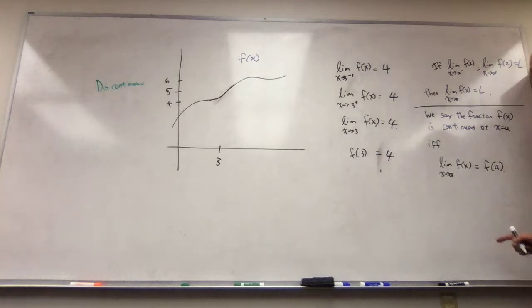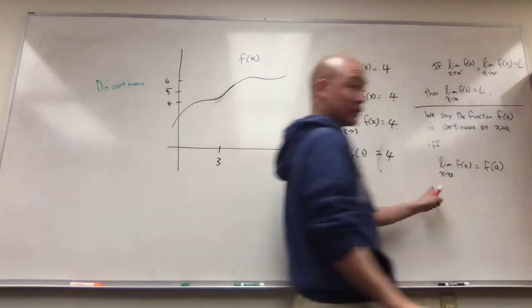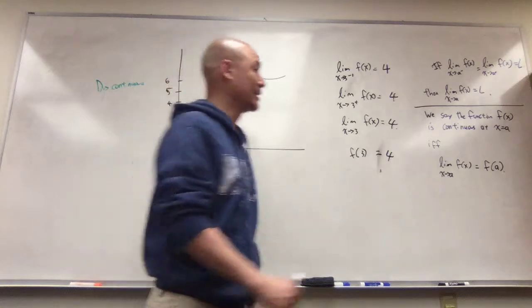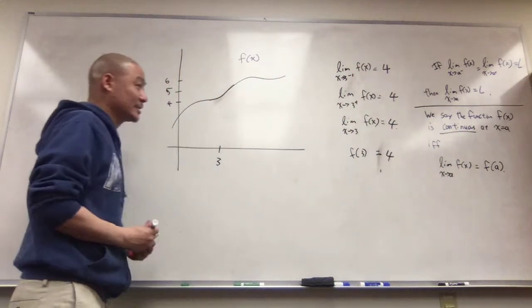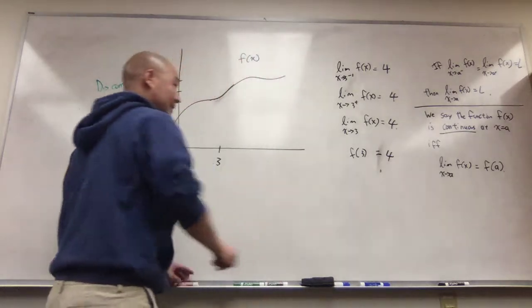In other words, the thing we would like the function's value to take on is the actual value that it takes on. So everything agrees with each other, everyone's happy and nice, and everybody's continuous.